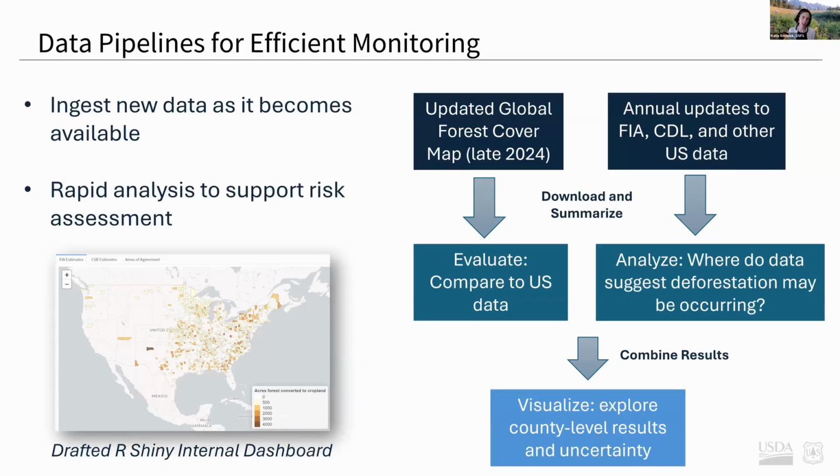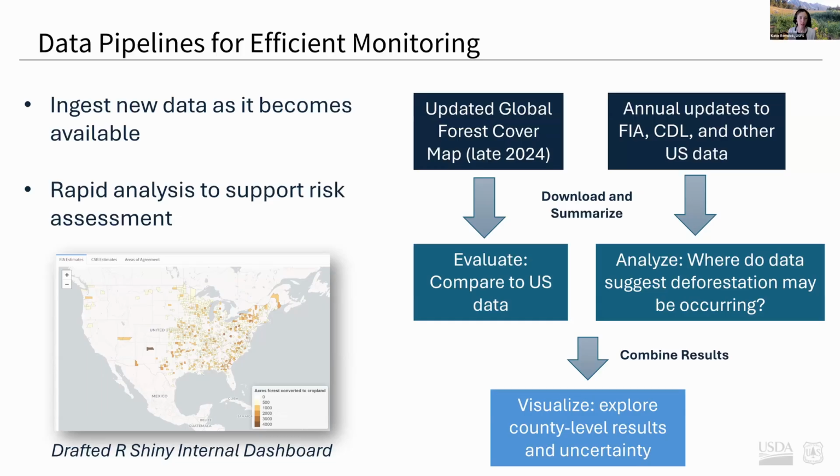And I've actually done that several times over the past couple months as new state level data or new states of FIA data were released with more recent years. So the code is set up to download and summarize data, analyze the data to look at where deforestation may be occurring, combine results from a bunch of different data sets, and then visualize that data using an R-Shiny dashboard.